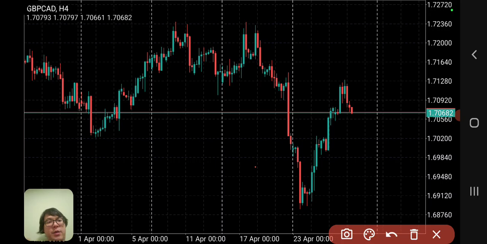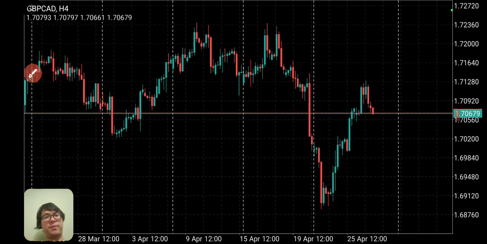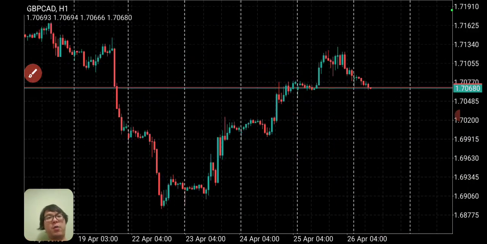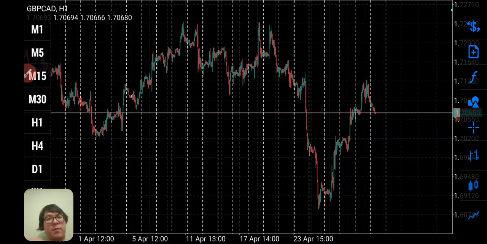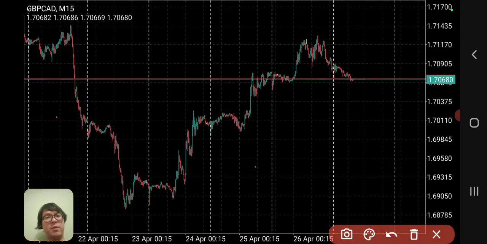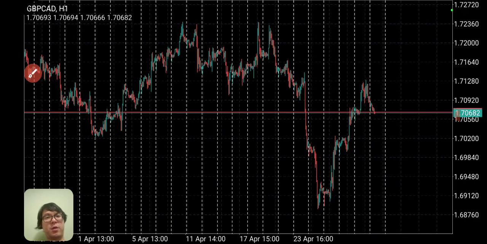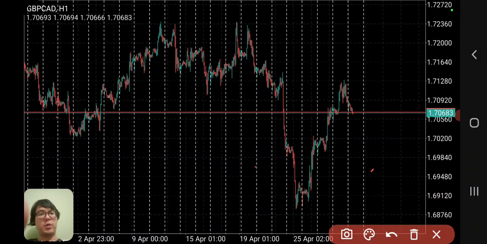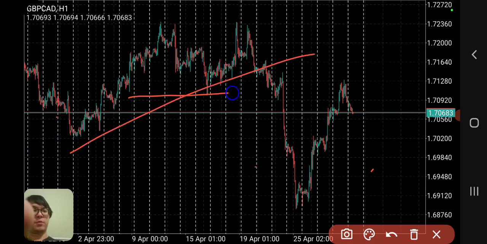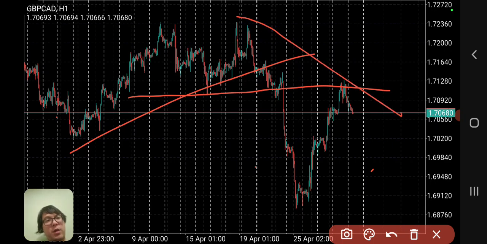Let's confirm this trade really quick by going back to the hour. Okay. By going back to the hourly, we got the uptrend, resistance. Do we have any trend line right here?